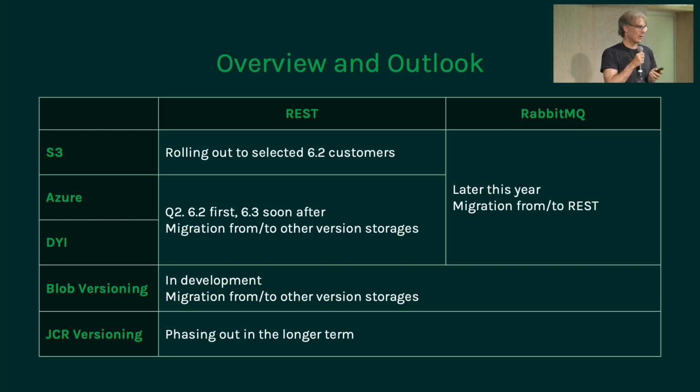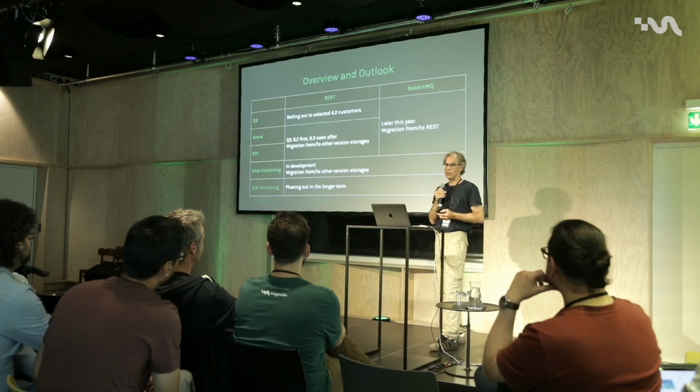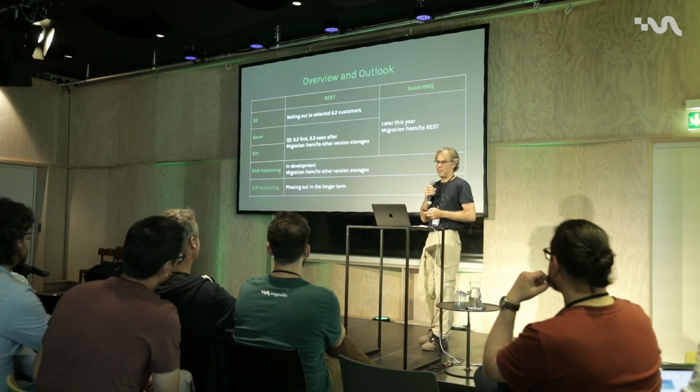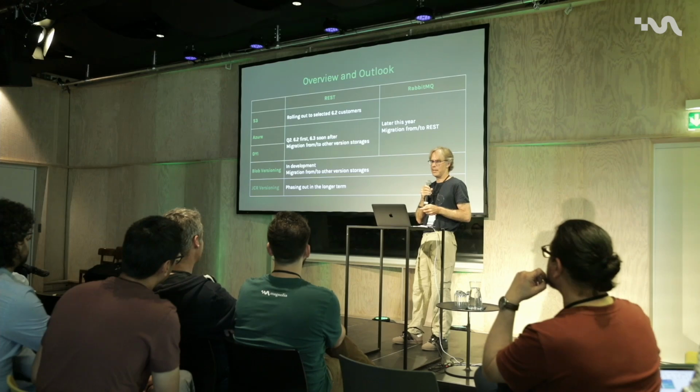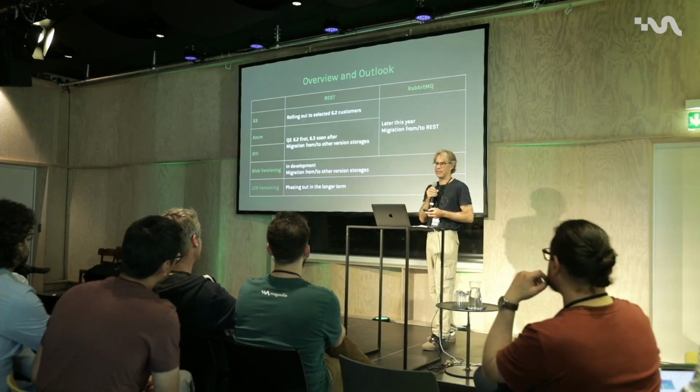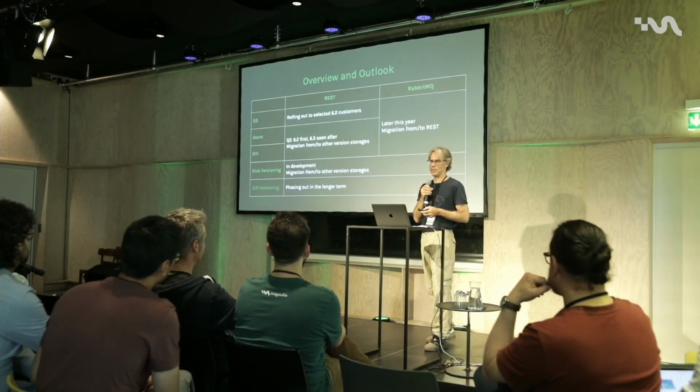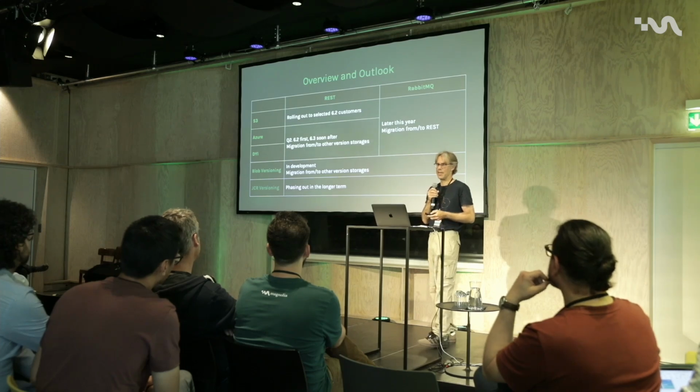But we are currently in the process of rolling out the first version of Swift publication using REST for orchestration, S3 for the backend store, for Magnolia 6.2 and for some selected customers there. We plan to follow up not too long after that with 6.3 and releases for 6.3, and also support other backend version stores, Azure for one example, and the ability to implement your own.